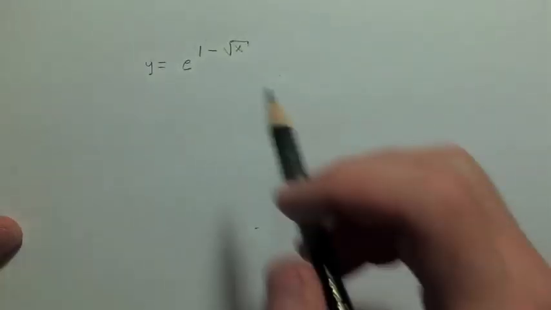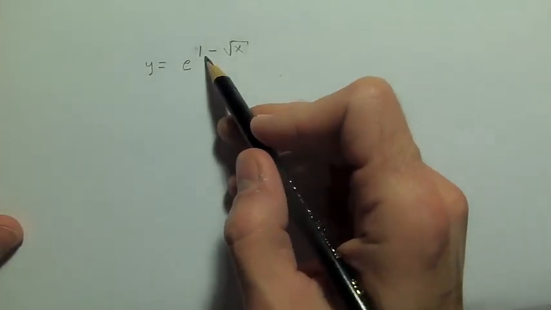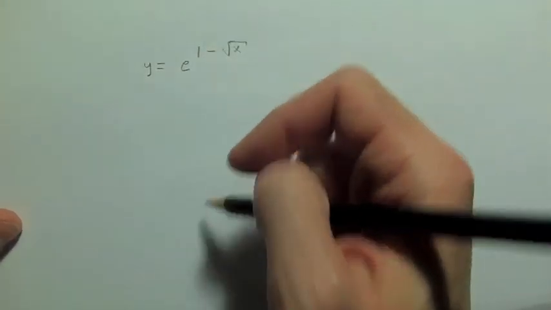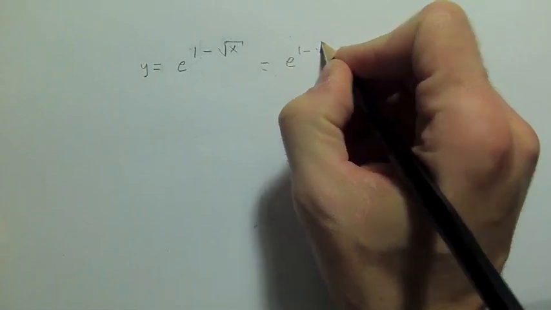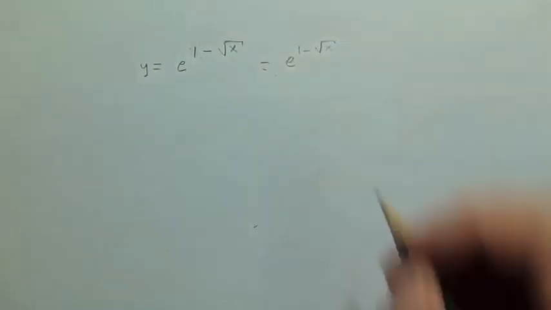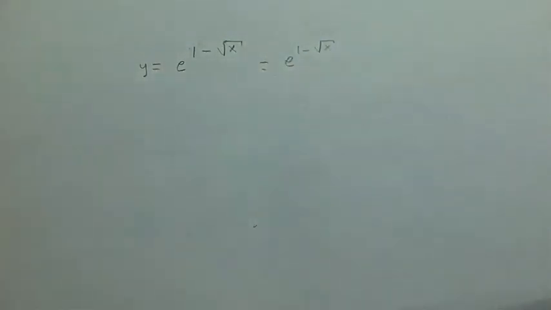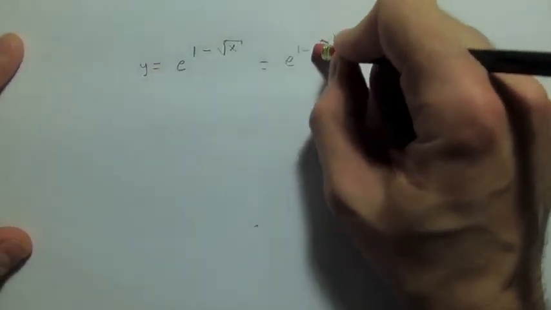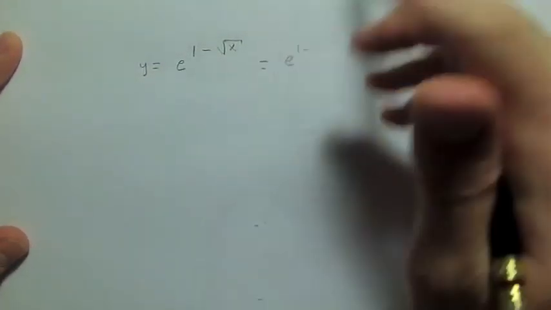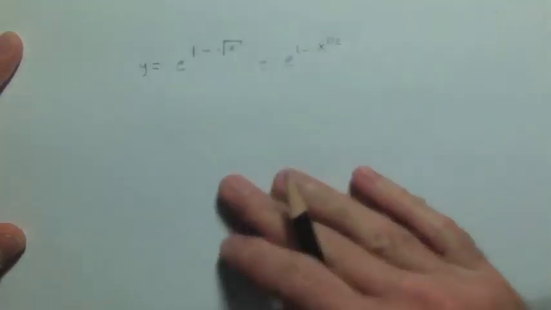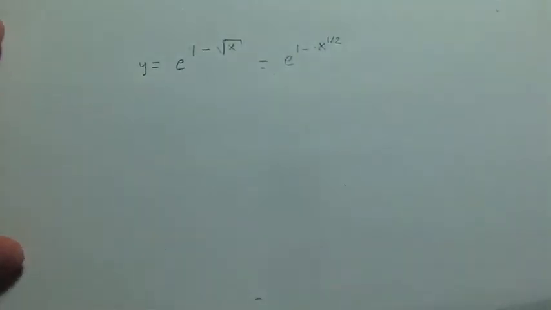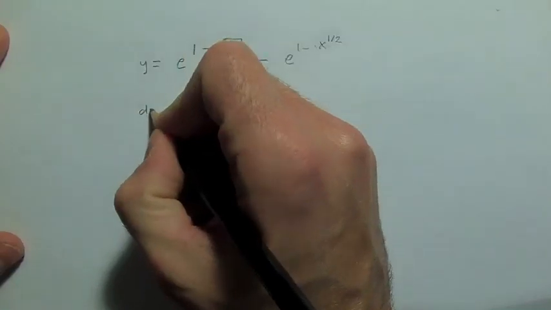Okay, let's say we had y is equal to e to the 1 minus square root of x. All right, so to do this one, remember you may need to simplify this. Some people don't. Right, some people can actually just see it in their head. If you need to simplify this, go ahead and make that a step all to itself, right? 1 minus x to the 1/2, and then we can actually apply the chain rule, right?